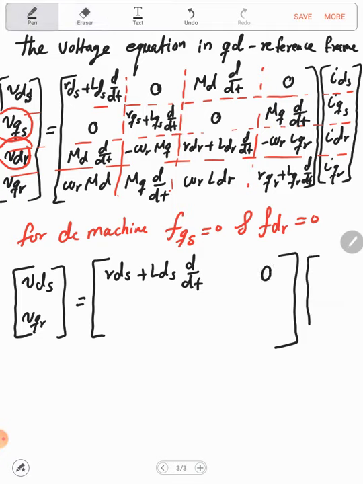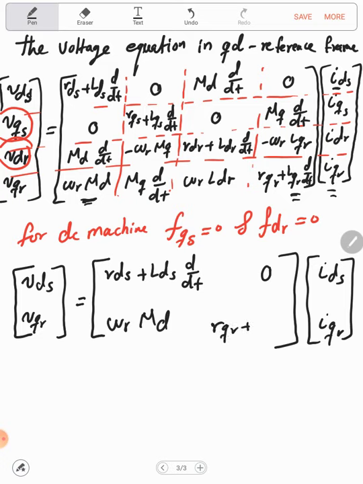Zero, and here we have the IDS and here we have the IQR. Now VQR will equal omega R MD, the first component here, multiplied by the current, and I need to take the last one here, which is the RQR plus LQR d by dt.